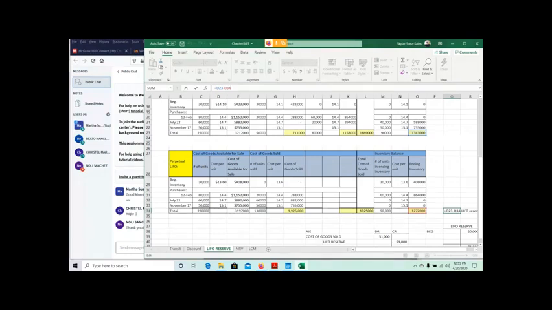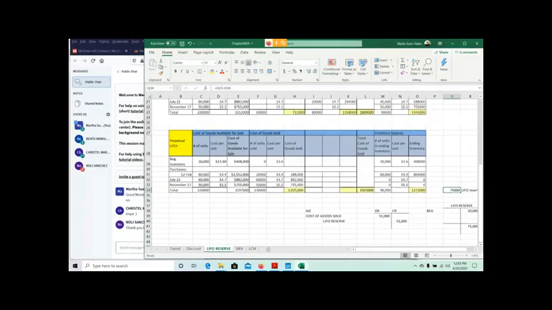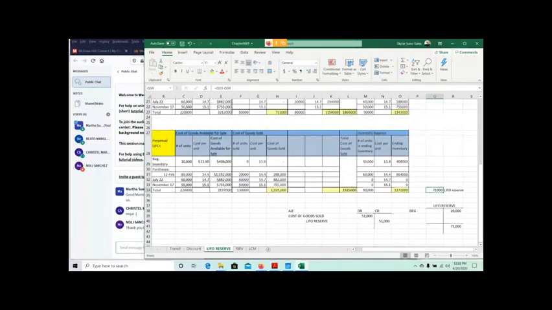Okay, and so in this case, what we have is 71,000 to add to the LIFO reserve. And we were told that it had a beginning balance of 20,000. So in order to increase or to match our LIFO reserve to the 71,000, we're going to have to add 51,000.